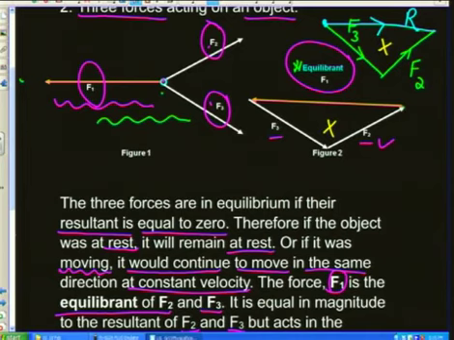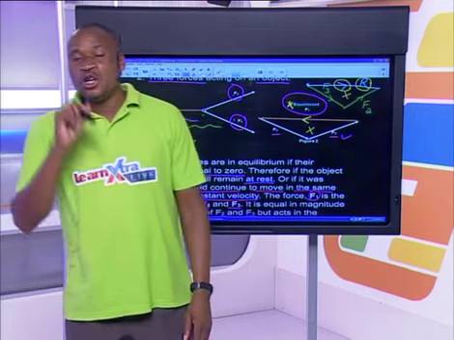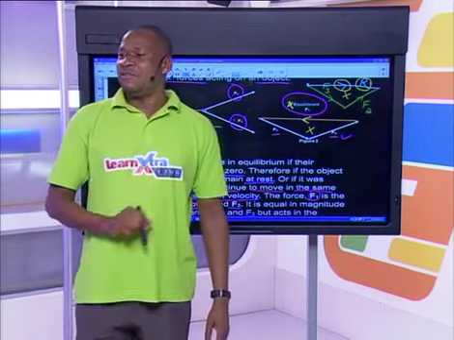The only thing is that on this diagram here, you've got the direction of the third force opposite to the direction of the force over there. Hence we call this one your equilibrium and that one your resultant. So you can see that the equilibrium acts in the opposite direction to your resultant force.